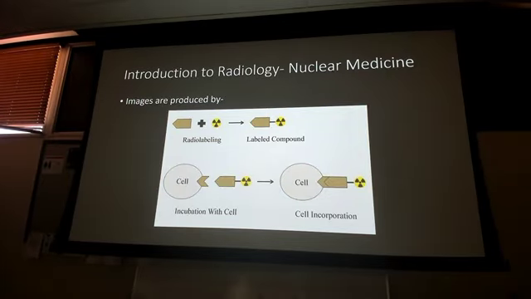Here's what happens, right? The little weird olive green triangular pentagon thing is the product, whether it's glucose, protein, whatever it is, and the little scary sign is the radioactive material. In a lab, they attach that radioactive material to the product.